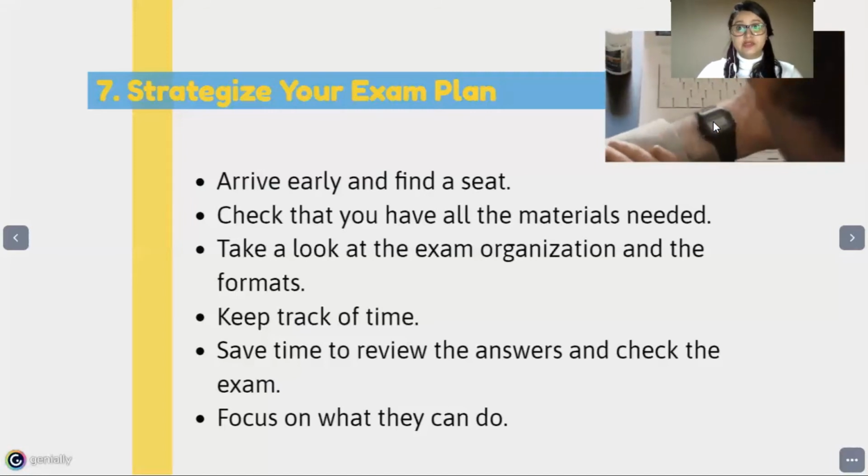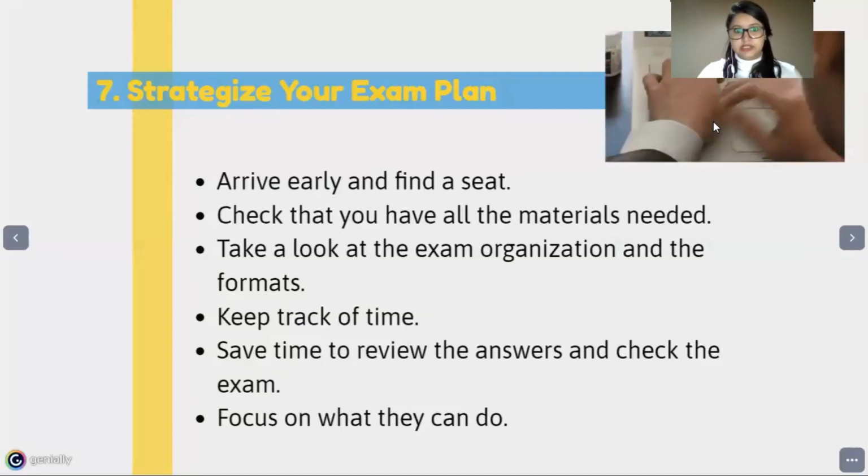Also, they need to check that they have all the materials needed to solve the test. This is really important. And after students get the test, they have to look at it and look at its organization and the formats, the type of questions the teachers are including in the test, and see how it is organized.